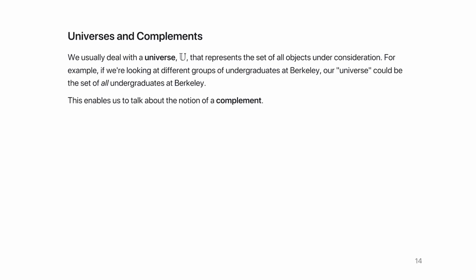So let's look at an example. Suppose our universe is the set 1, 2, 3, all the way until 20. Actually, excuse me, let's just make it 10 so I don't have to write as much. And we say A is 2, 4, 6, 8.